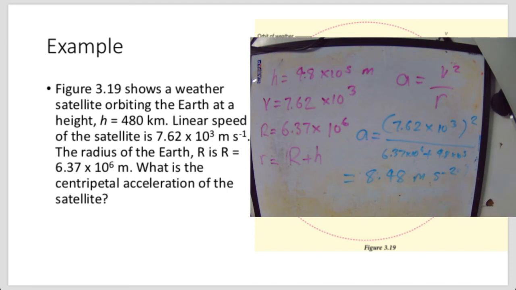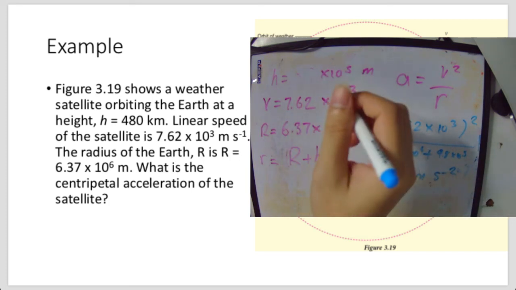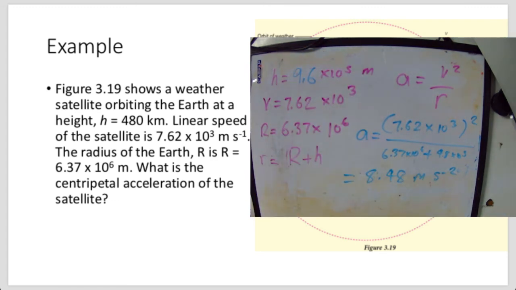So what if we were to change one of the values? Let's change the distance from the Earth. Instead of 4.8, let's say it's 9.6 times 10 to the power of 5.